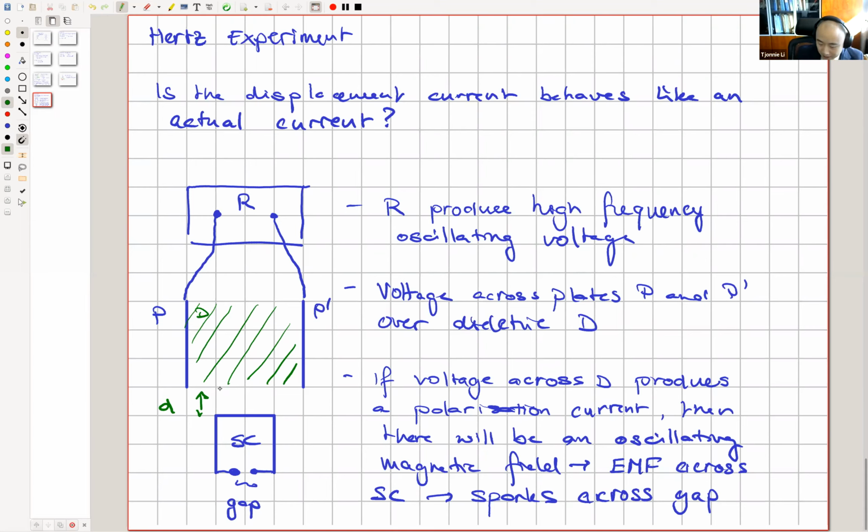He managed to introduce a gap, and even when he made the gap like a meter wide, he could show that there were still sparks going through the secondary circuit. He even walked in between the primary circuit and the secondary circuit, and still, there were sparks flying.